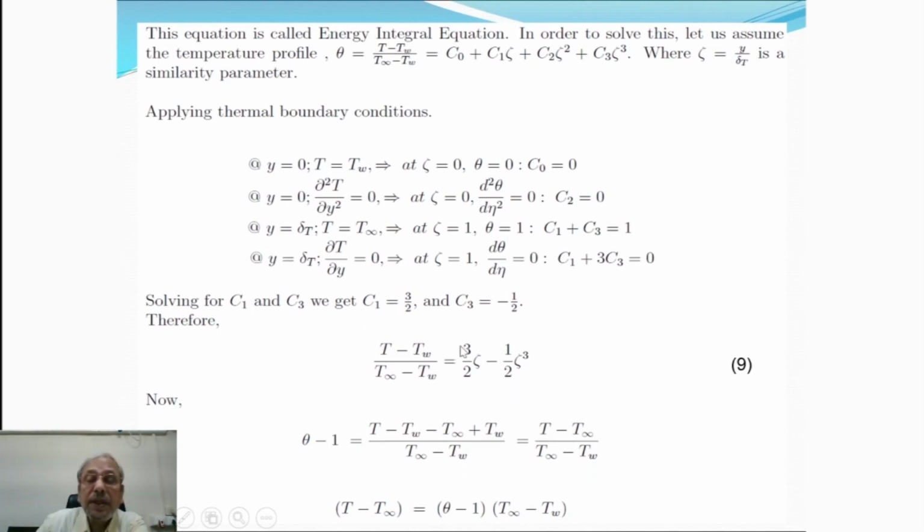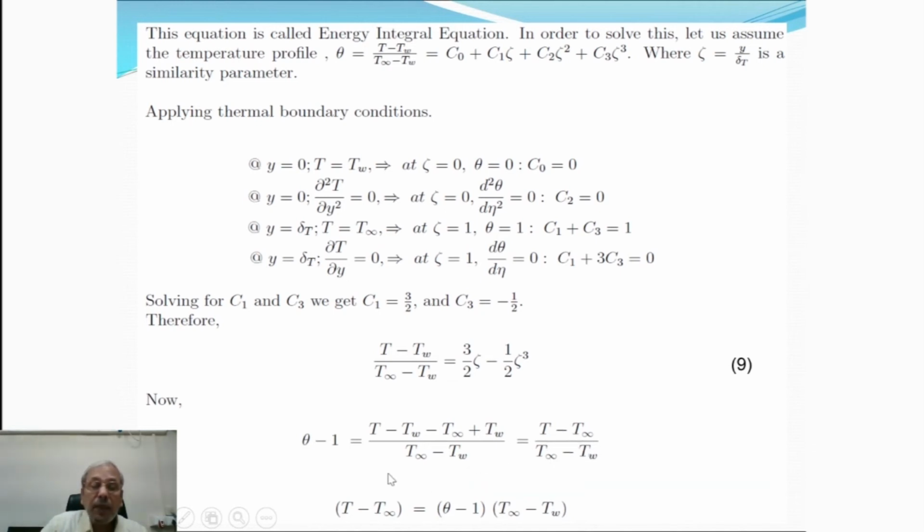It is analogous to the velocity profile. And we then evaluate theta minus 1. Theta minus 1 means (T minus TW) divided by (T infinity minus TW) minus 1, which gives (T minus T infinity) divided by (T infinity minus TW).